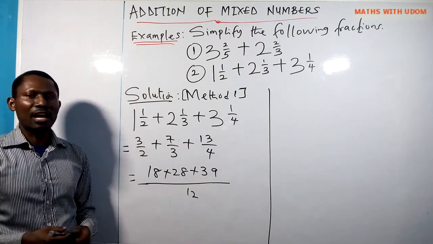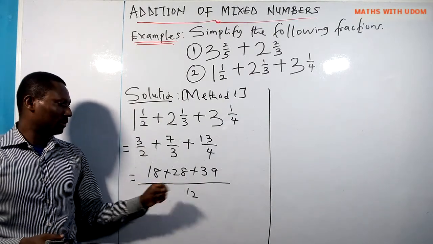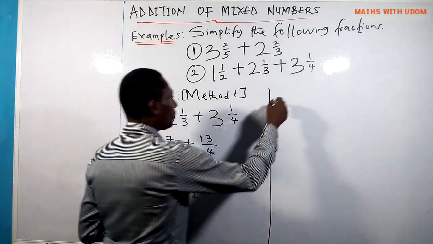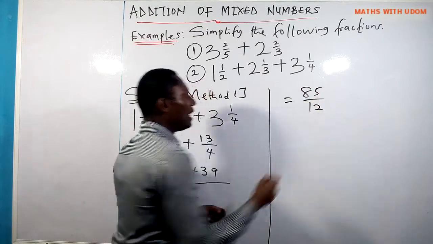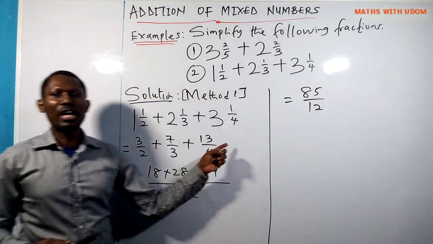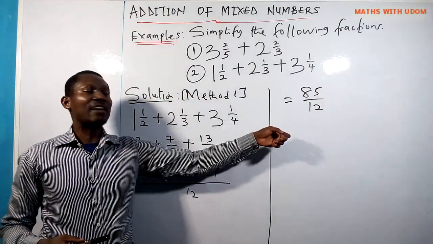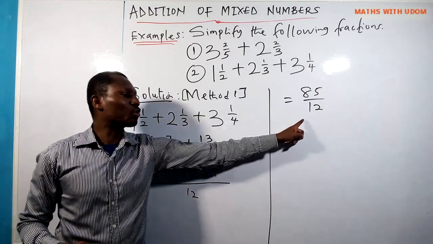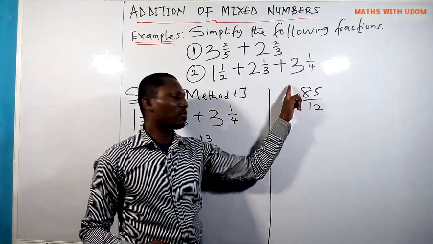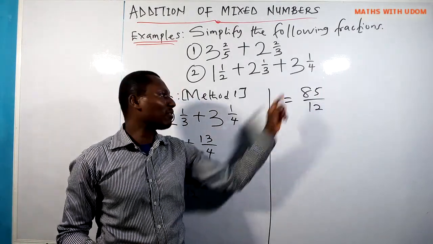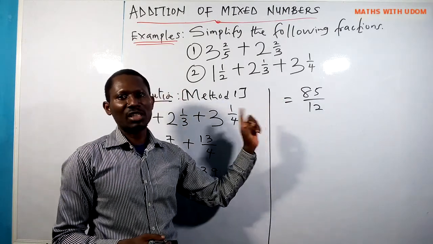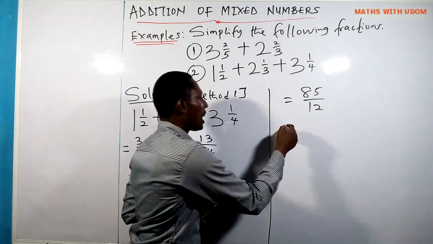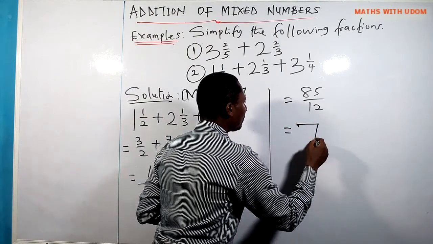That will give us 85. So we have 85 divided by what? Our denominator 12. Okay, and if you solve that, 85 divided by 12, how many times can 12 go in 85? That is 7. Because 12 times 7 will give us what? 84.